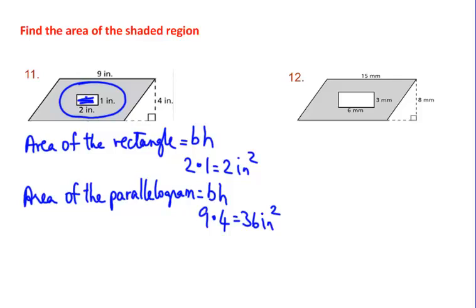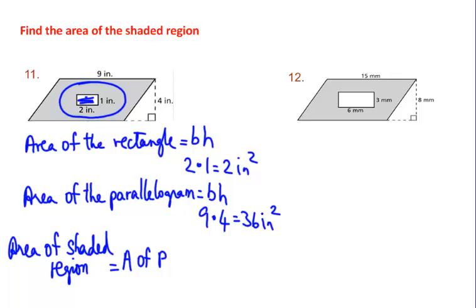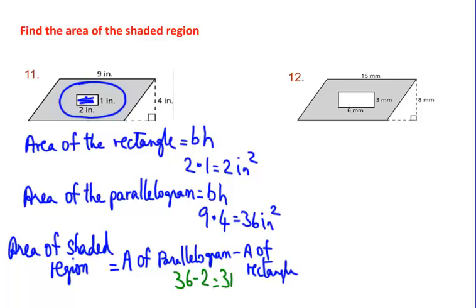Now, how do I find the shaded region? Area of shaded region is equal to area of parallelogram, take away the area of the rectangle. And in this case, it is 36, take away 2, which is 34 inch squared.